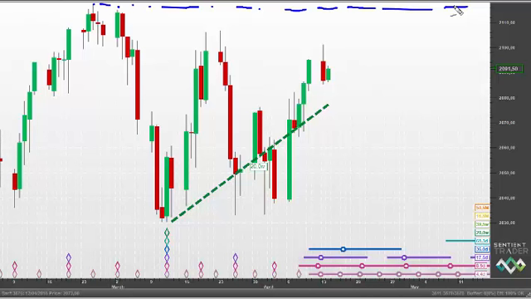Also, I have seen times where VTLs have been broken to the downside or to the upside, and price then doesn't, in fact, fulfill its destiny as described by Hurst's definition of the VTL, which is that the peak has already formed. So in theory, we have seen the peak, the highest price of the 40-week cycle. It's not entirely reliable. It's not an absolutely 100% guarantee. But certainly it is something very important to bear in mind.